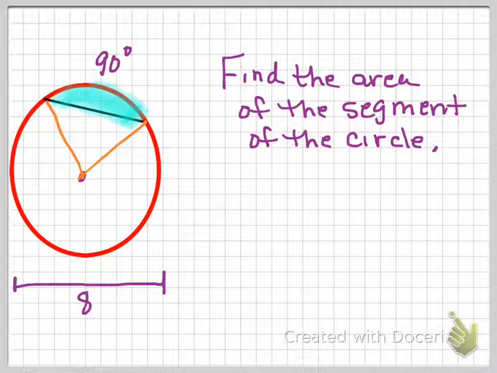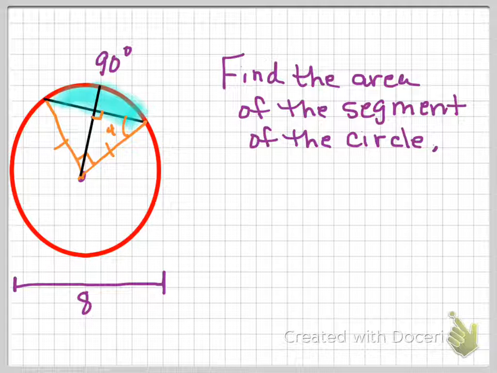I'm trying to find that segment, and I see that that's a 90-degree arc. That means that's a 90-degree central angle. I know these are both radii. So that tells me I have what kind of triangle if I drop that to be perpendicular. That tells me these are 45, 45, 90 triangles.